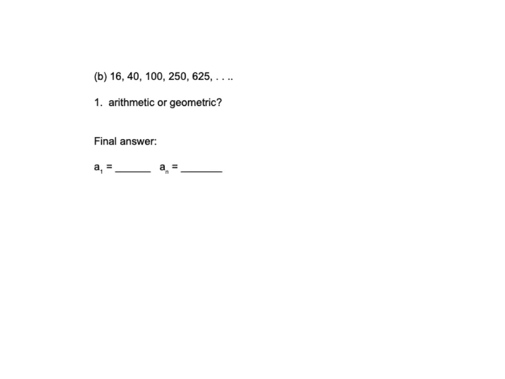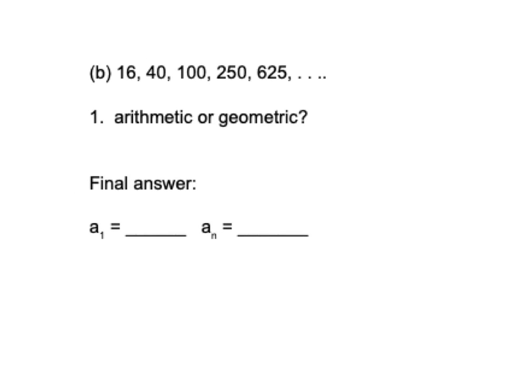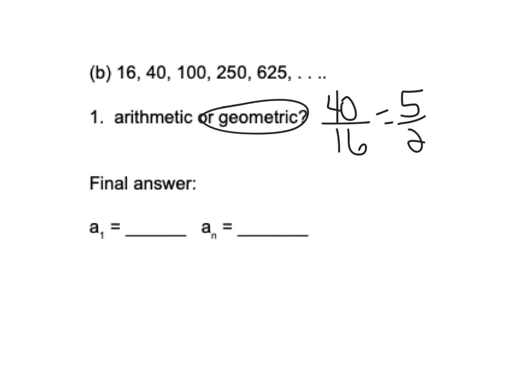Okay. This one, if we're deciding if it's arithmetic or geometric, this is geometric. To figure out our ratio, we take a term and the one previous to it, 40 over 16. That simplifies to 5 halves. So our r value is 5 halves. So when we go to write our answer, we first define our first term. That's 16.